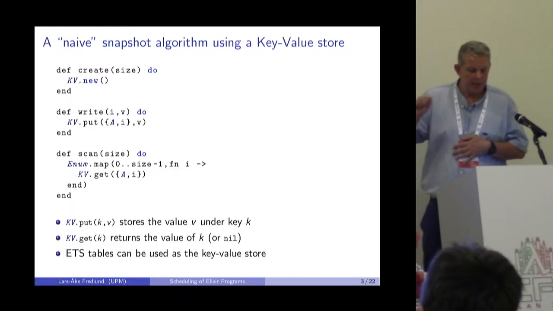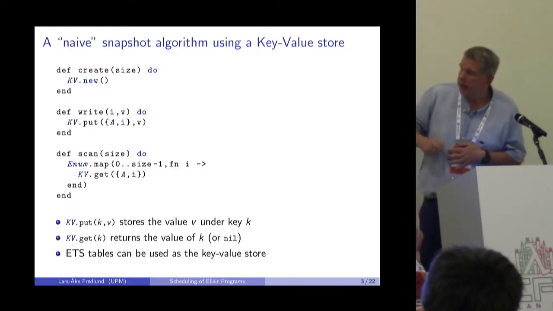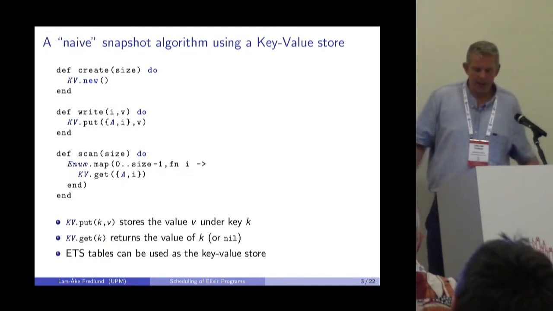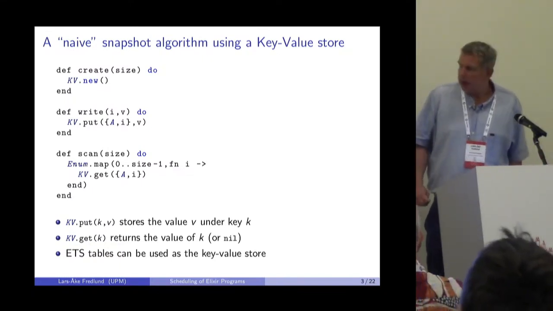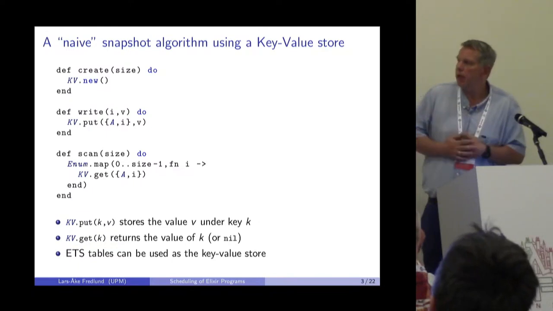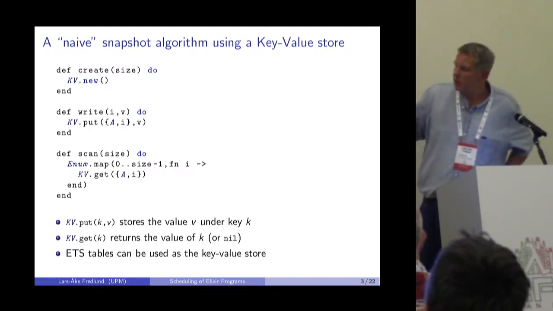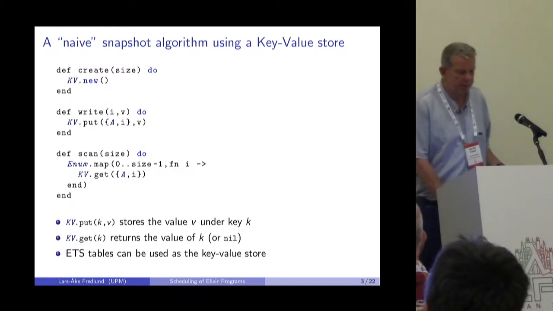So that's why we use as a key the name of the array coupled with the index, okay? And the scan operation is simple as well. We just do a map over the indexes in the array, and then for each index we get the value inside the key value store using get. Okay, so very trivial implementation, right?